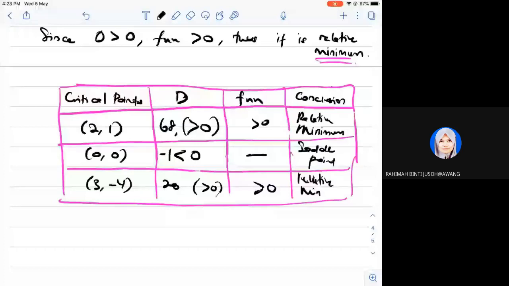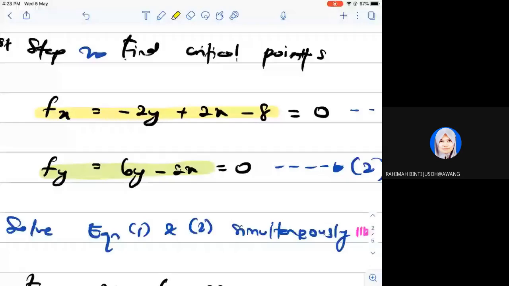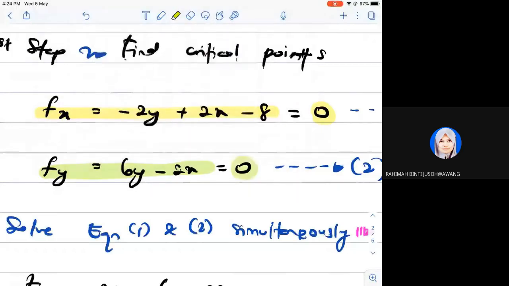Okay, saya bagi tips, cara nak check whether critical point yang kita dapat tu betul ataupun tak. Okay guys, you kena check. Caranya ialah you ganti balik critical point tu dalam FX dengan FY, you dapat tak kosong kat belakang ni? Kalau bila you ganti nilai critical point tu you dapat kosong, confirm you punya critical points tu betul.